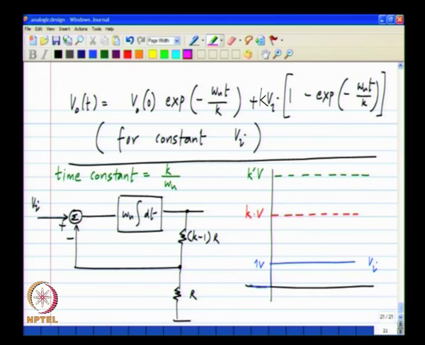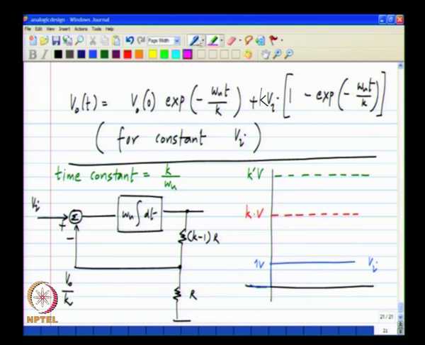Let me again assume that the output is initially 0. What happens if the output is 0 and the input is a step? The feedback voltage is also 0, that is V naught by k also equals 0 initially. That means all of the input step appears at the input of the integrator.